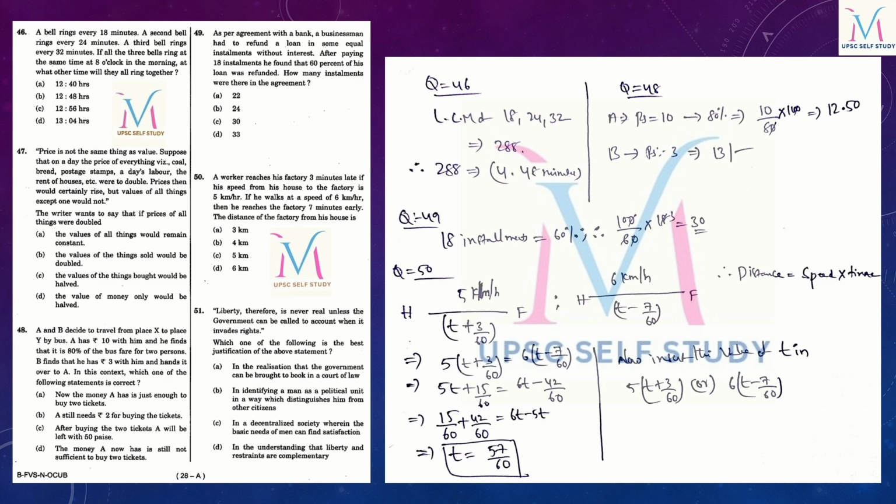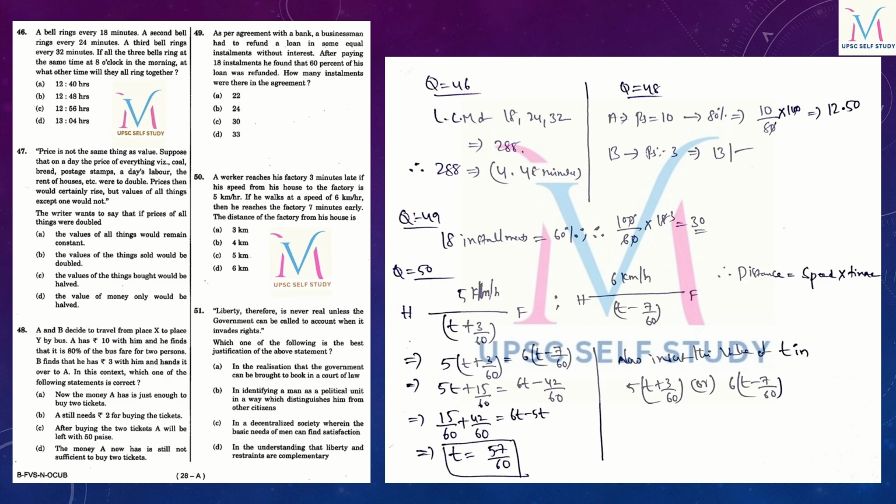So the distance of the factory from his house is, okay. So the person is walking from his house to factory. One time he is walking at 5 kilometers per hour, and the second time he is walking at 6 kilometers per hour. So now look at the solution box, question number 50.